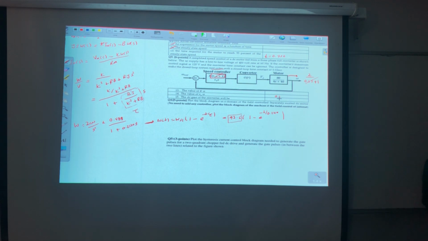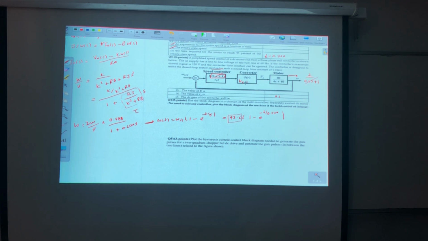Okay. Now, if you notice here, I'm telling you that the time constant for the converter is negligible, which means that the converter is only specified by a certain gain.